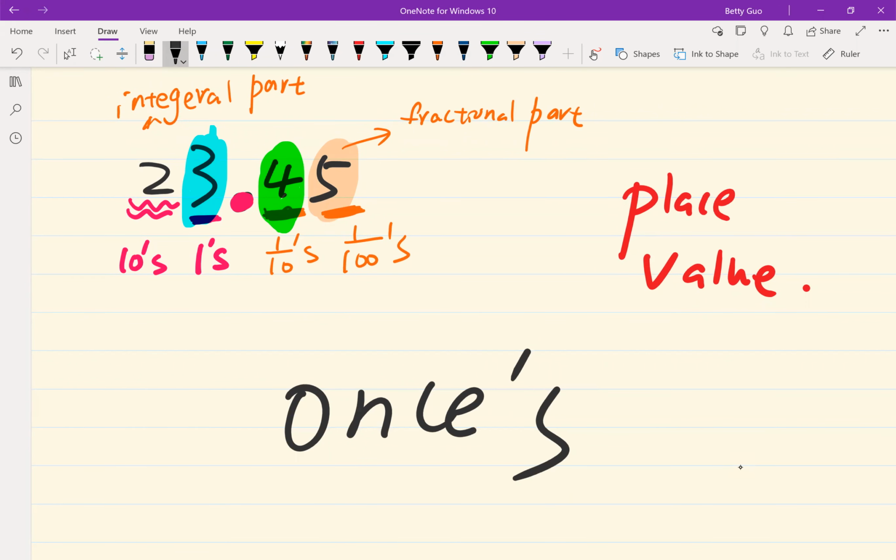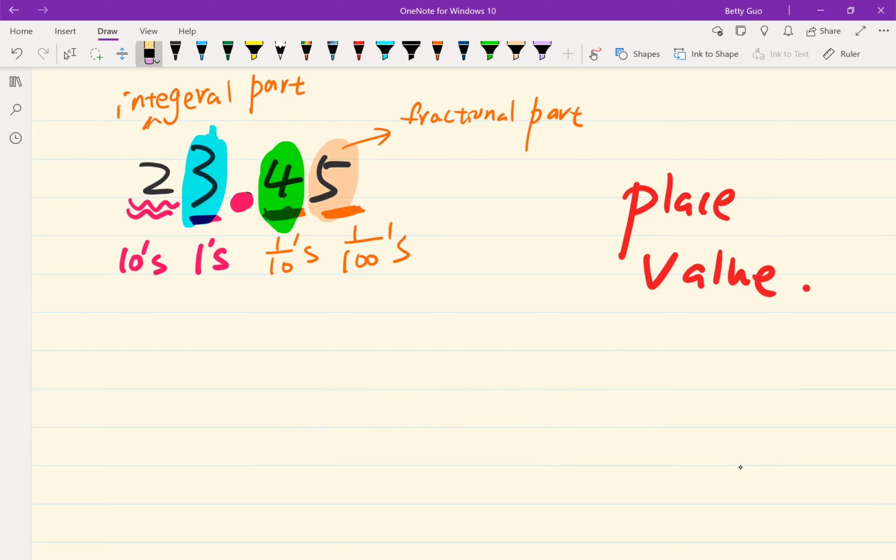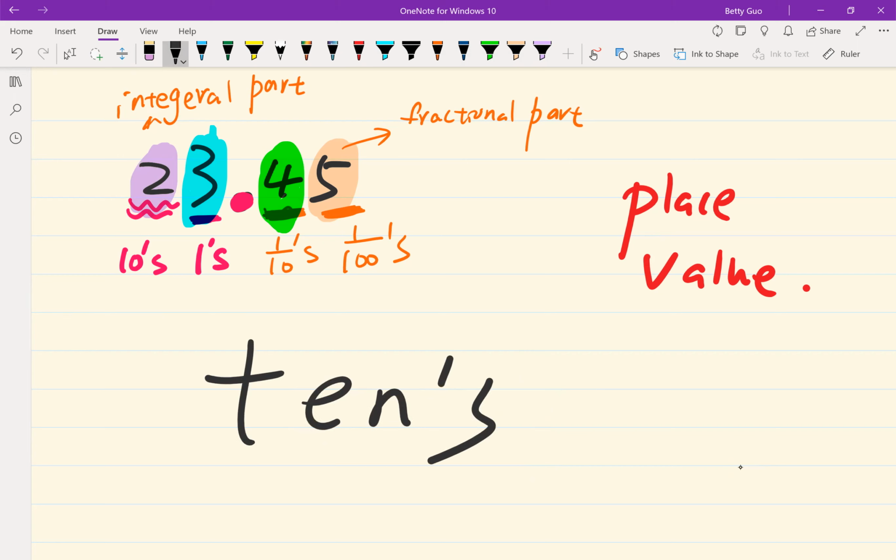O-N-C-E, ones. You have a 3 there, means you have $3. And let's see the purple place. The purple place is a tenth. So this tenth, the place value of that place is tenth.